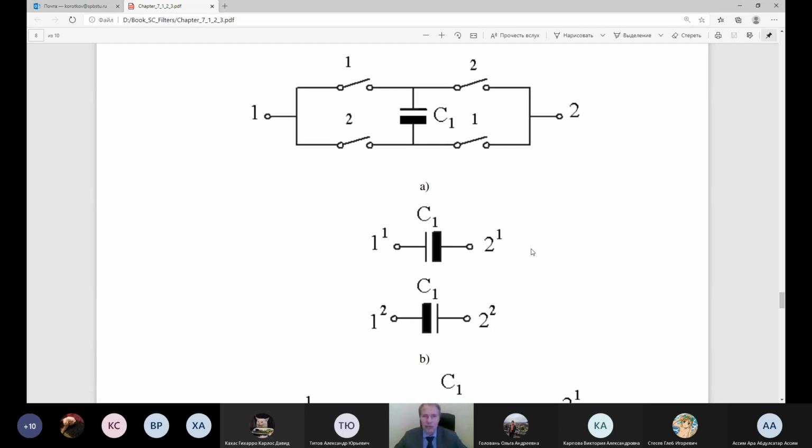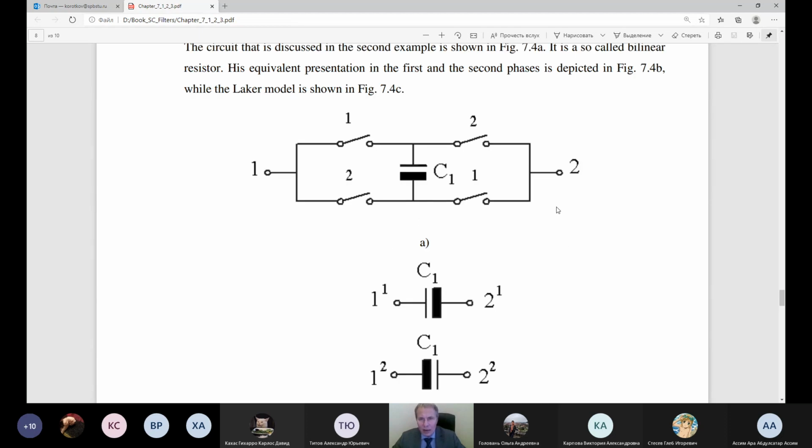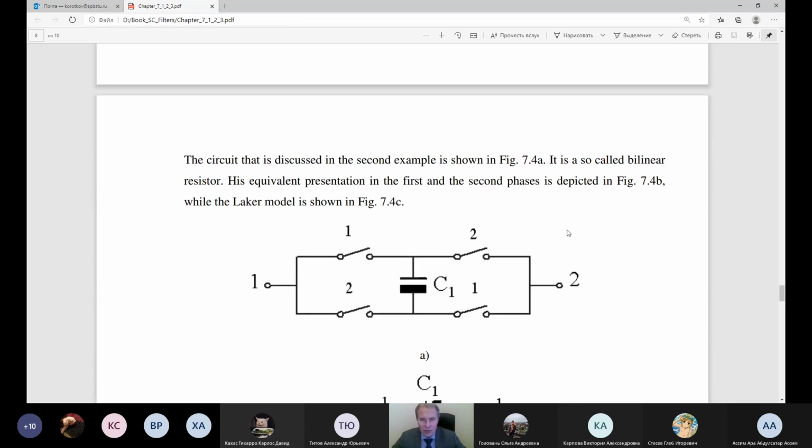But more than 100 years ago, Professor Maxwell demonstrated that these components are a kind of equivalent of the resistor. In other words, he was one of the pioneers who introduced the discrete time circuit. But anyway, he is a very well known gentleman.